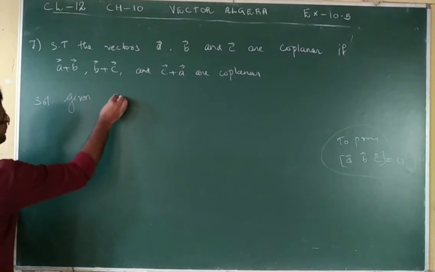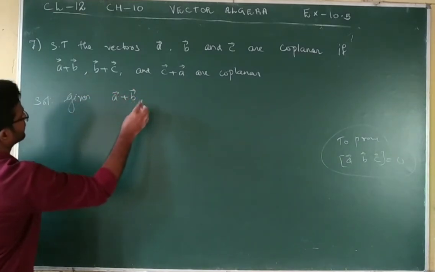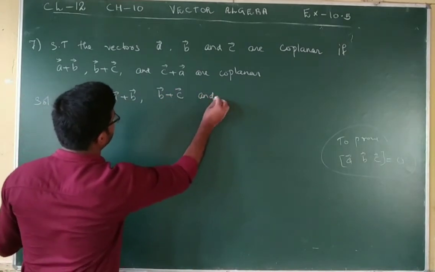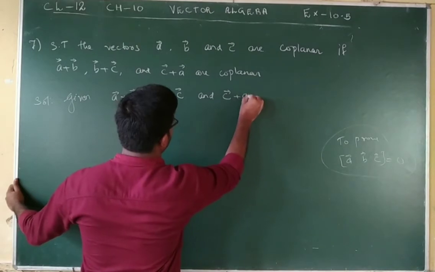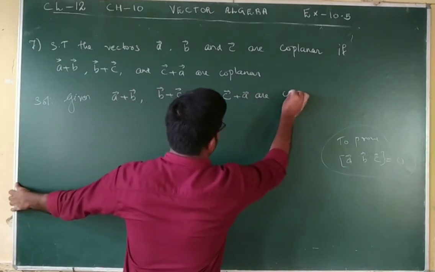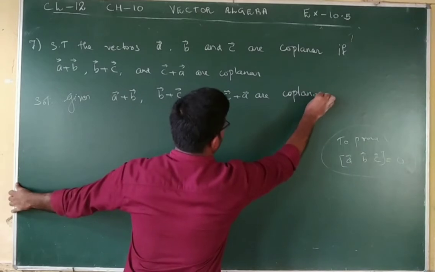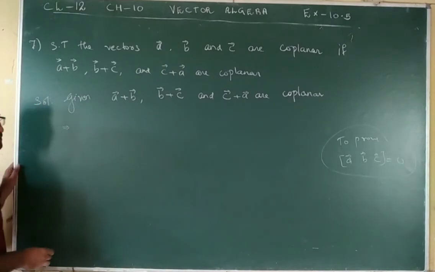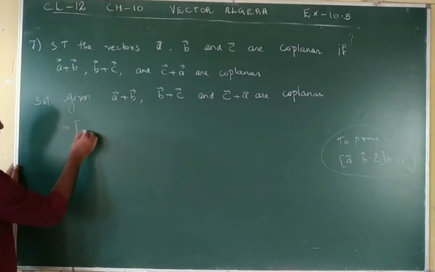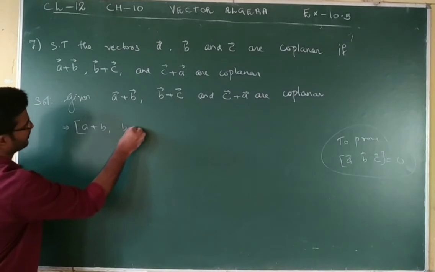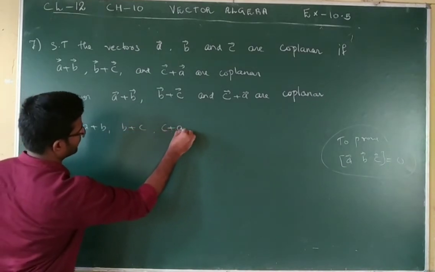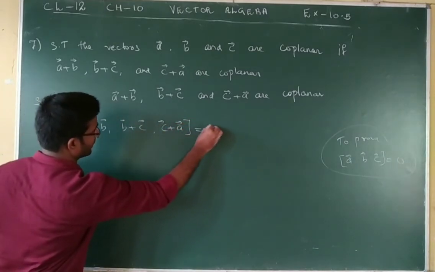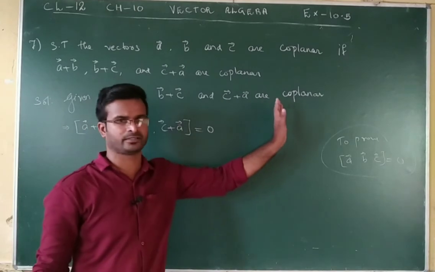Given A vector plus B vector, B vector plus C vector, and C vector plus A vector are coplanar. That means if you take the scalar triple product of these three vectors, A plus B, B plus C, C plus A, what do you get? You will get answer 0. What is the reason? Because it is already given that they are coplanar.